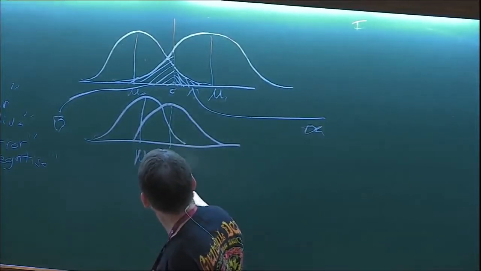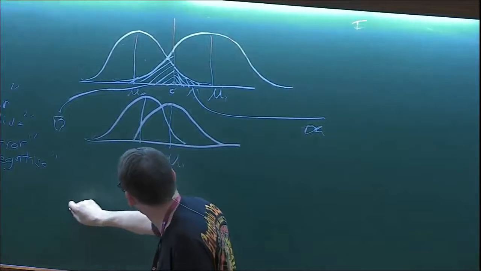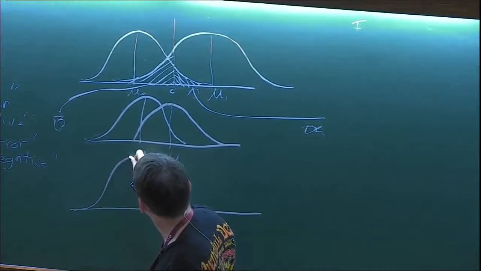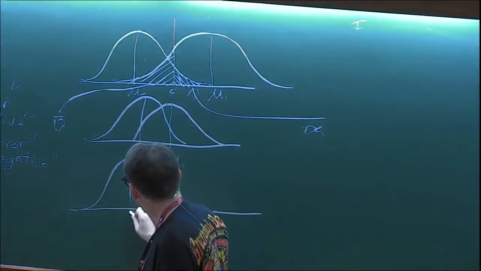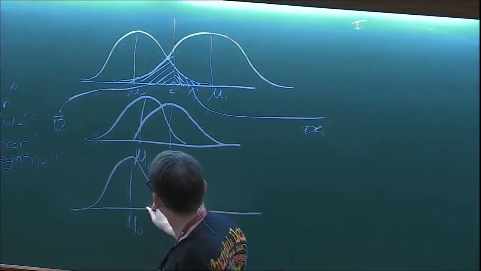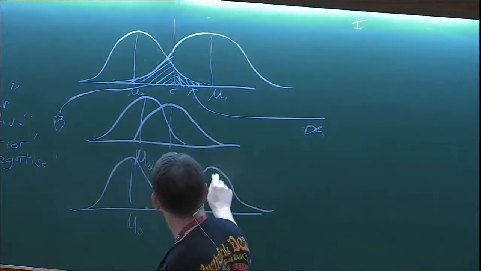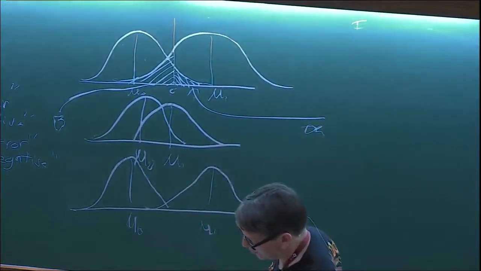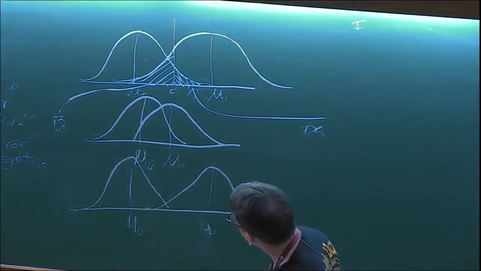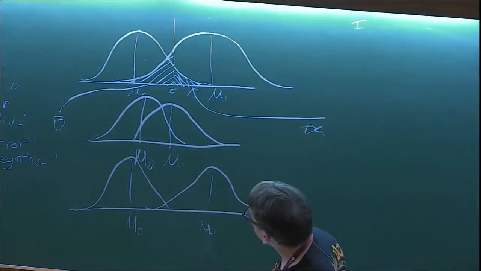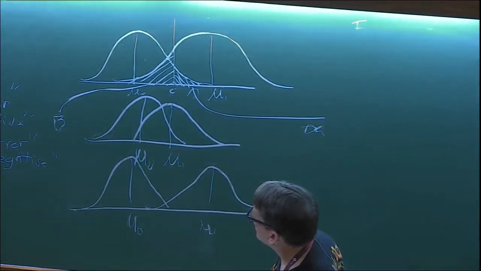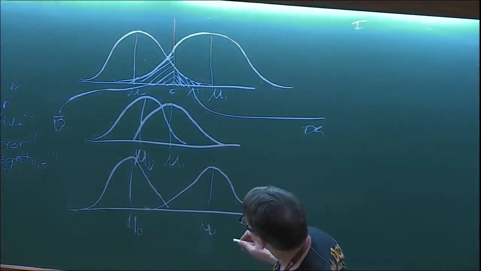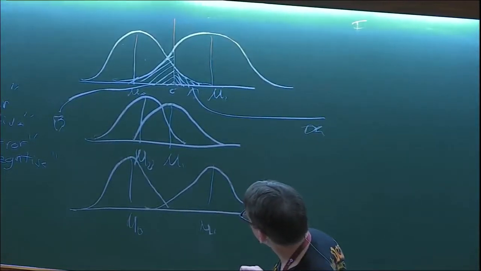You could have mu1 that is very close to mu0, or you could have mu1 far away from mu0. So the power is the probability that you're going to score H1 as being true if H1 is true.